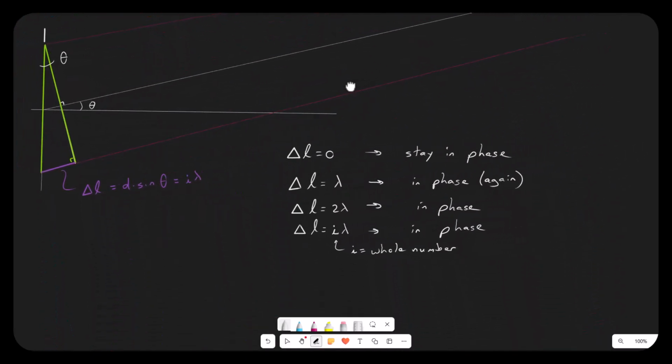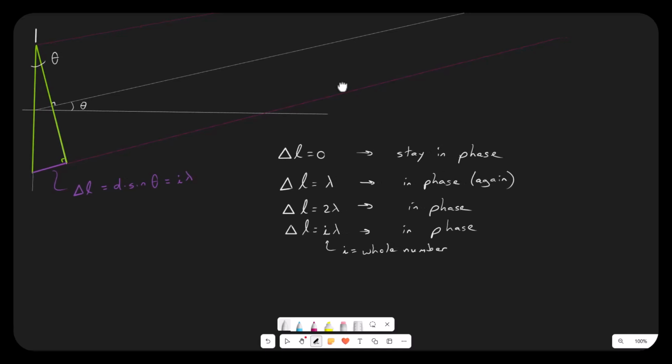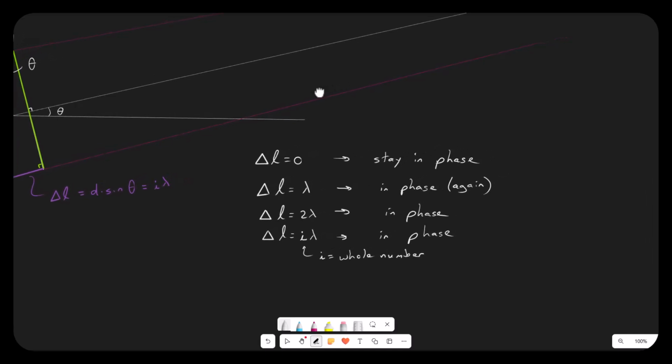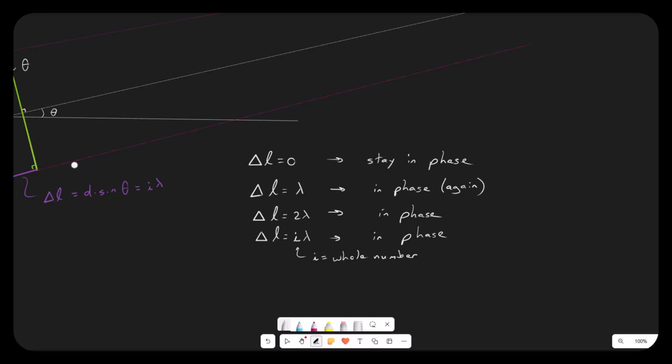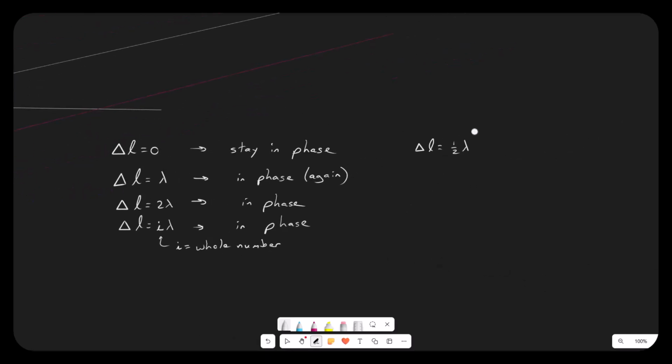With the dark spots, I'm looking at something a little bit different. I still have the same interference thing. I still have the same, this is my path length difference. But if I get a path length difference of half a lambda, now I'm out of phase.